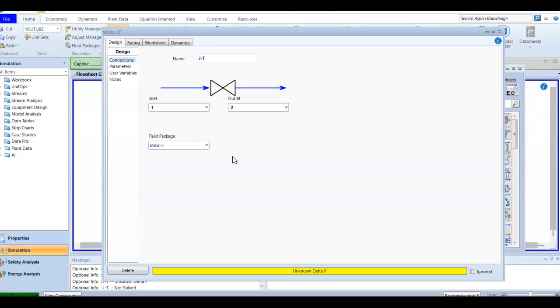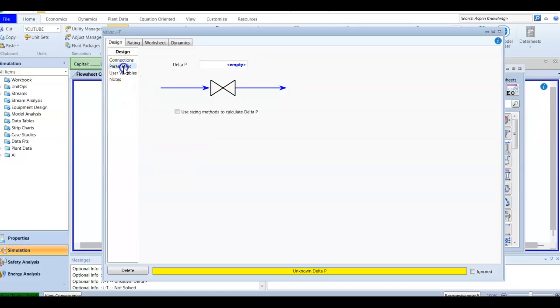So let's talk more about this valve. As a design connection, it's clear that we need an inlet and the outlet for this valve, and here we are dealing with only one fluid package, but be careful with the fluid package that you are choosing if you have multiple fluid packages.